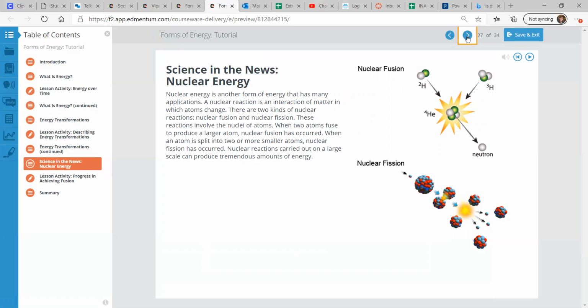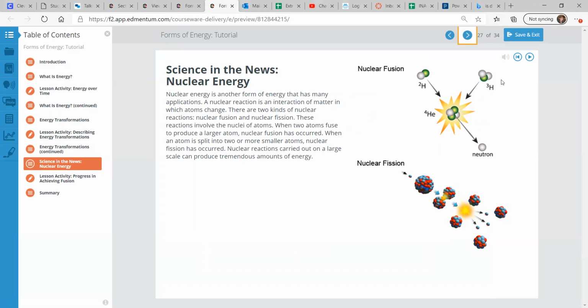Now, this is a form of energy that has many applications. A nuclear reaction is an interaction of matter in which atoms change. There are two types of nuclear interactions or reactions.